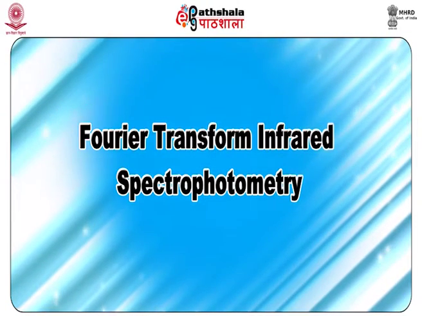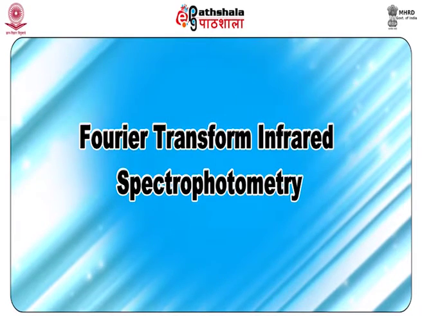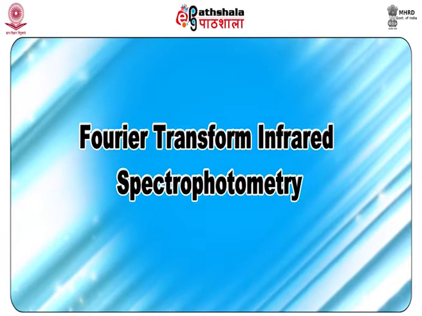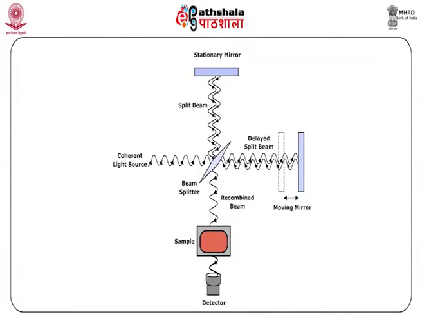Now, moving on to Fourier transform infrared spectrophotometry, another instrumental technique that assists in identification of compounds is the FTIR. In this technique, infrared radiation is used to bombard the sample.